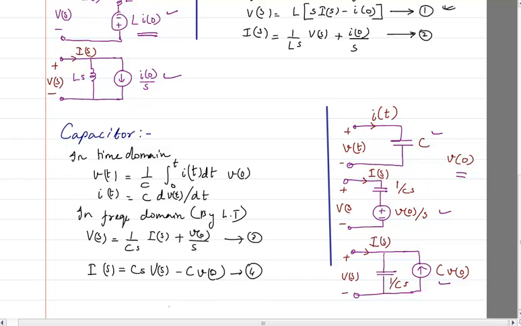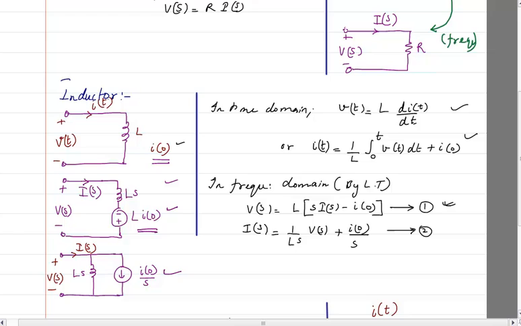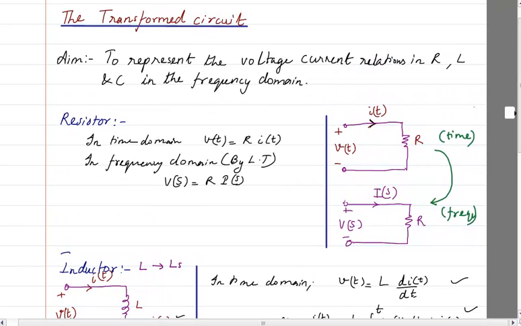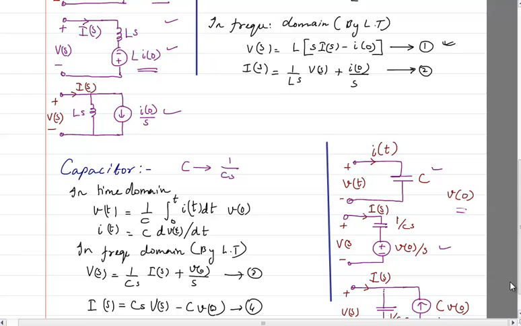So when we go from time domain to frequency domain, the capacitor goes from C to 1 by Cs, L goes to Ls, and R remains R. That we should never forget.